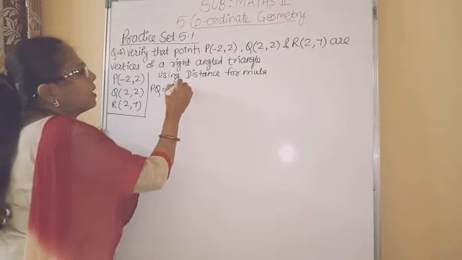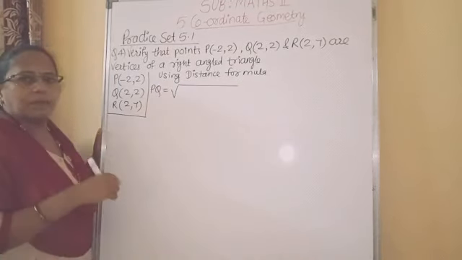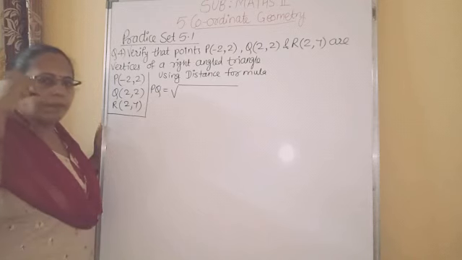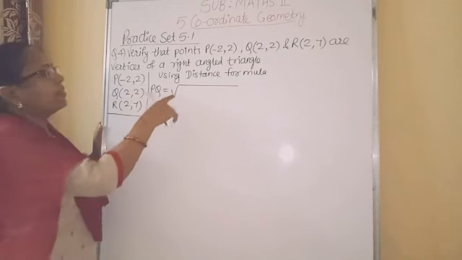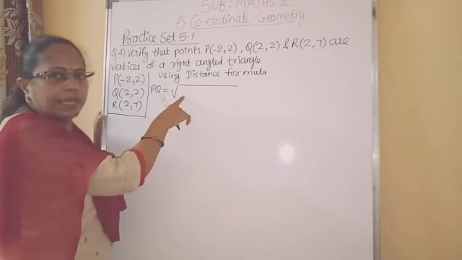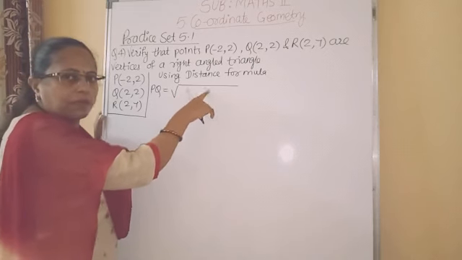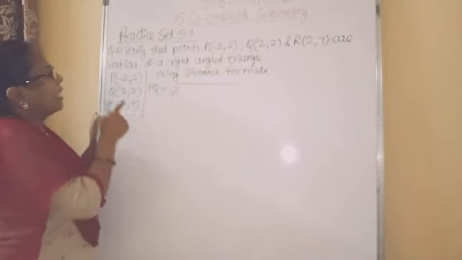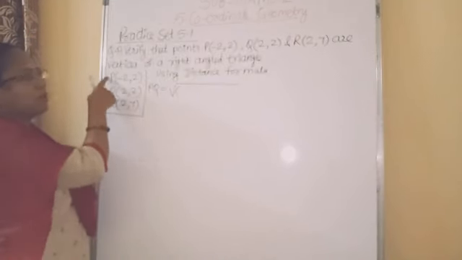So the distance formula is square root. Repeat again and again while solving so that you can remember the formula. Square root of (x2 minus x1) square plus (y2 minus y1) square.